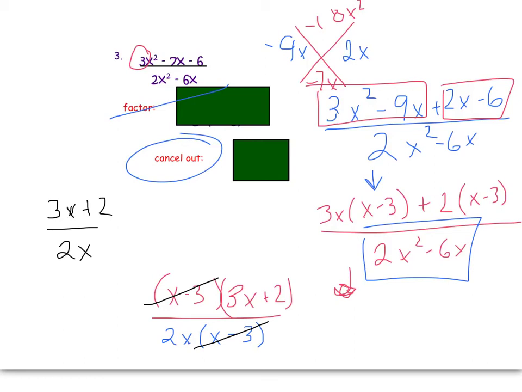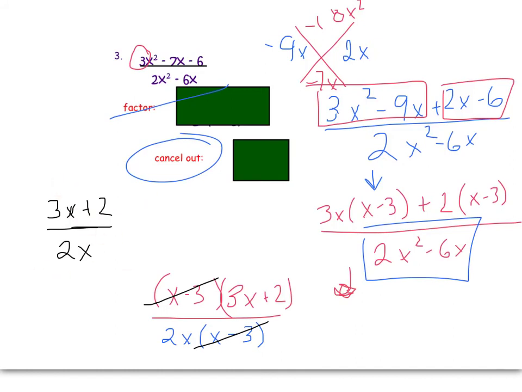And that is as far as we can go. We cannot cancel our x's because in between this x and the rest of the expression is that addition sign. Whenever you have that addition sign separating something that you want to cancel, it is a no-go.